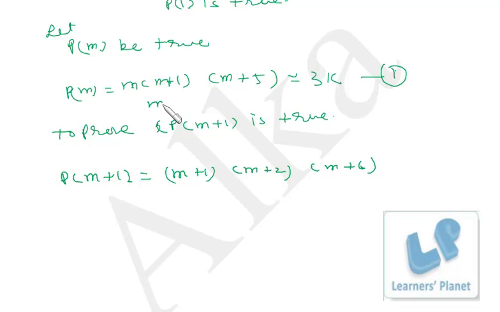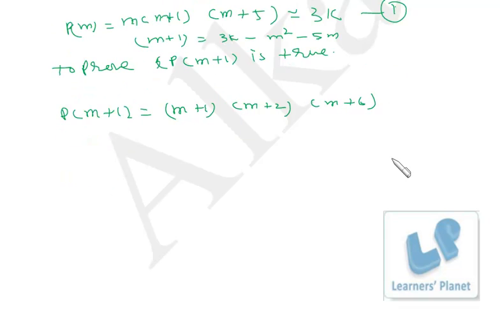So m plus 1 is actually 3k minus m into m plus 5, or I can write m square plus 5m. So finally it is 3k minus m square minus 5m.